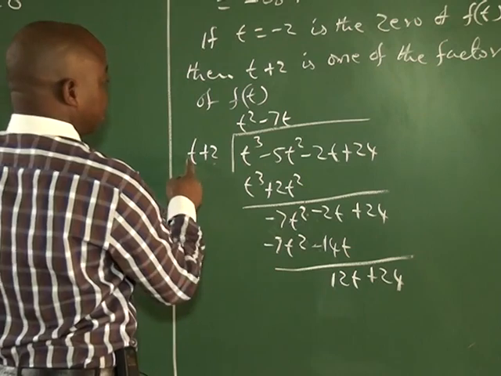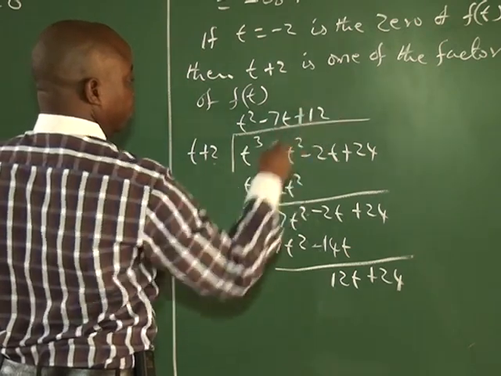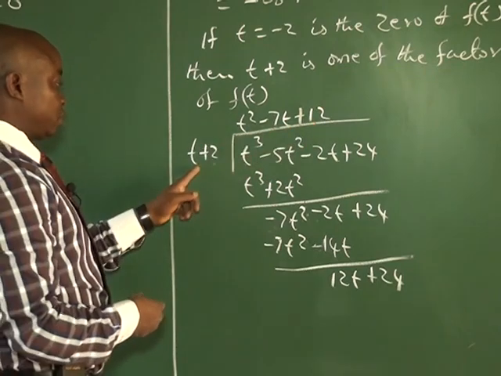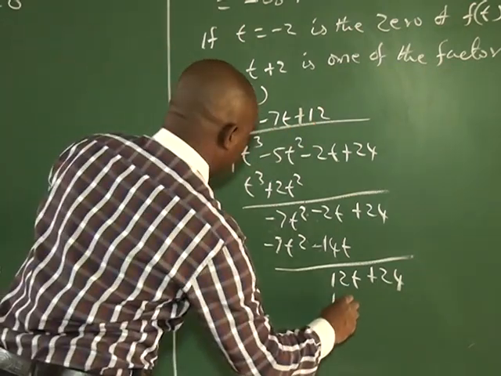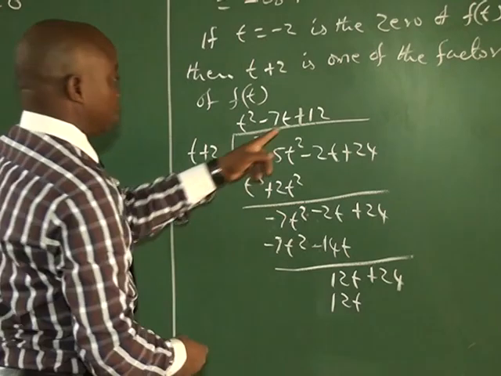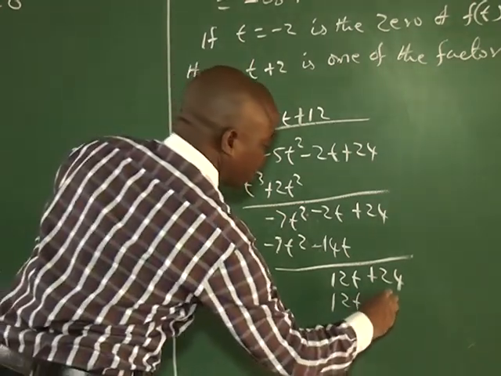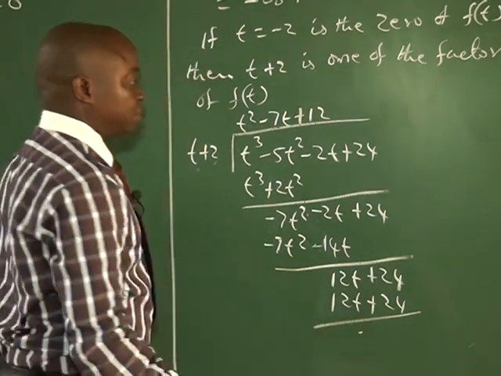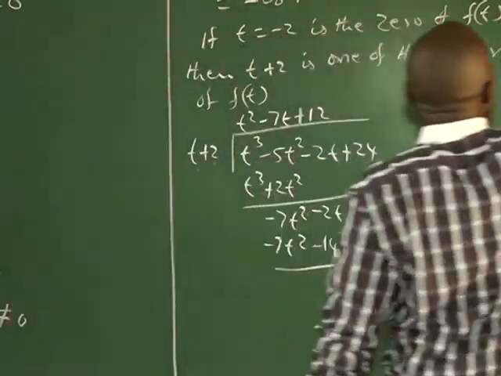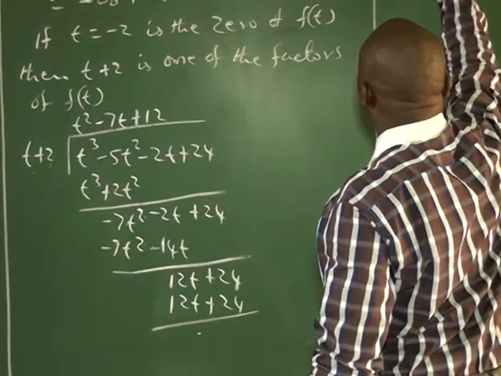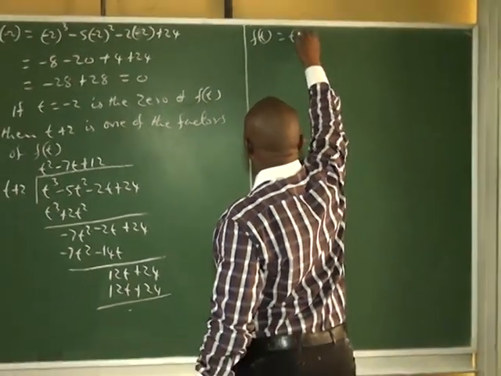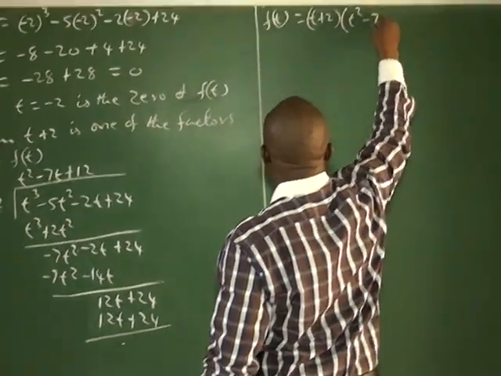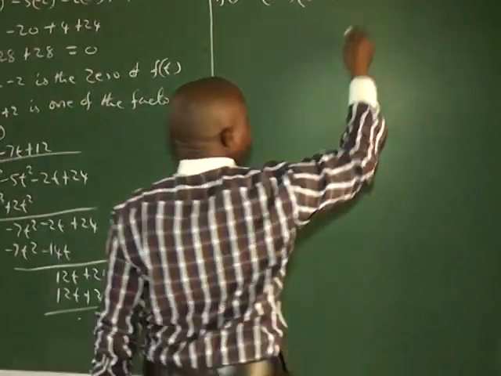So 12t divided by t give us 12. Then 12 times t give us 12t. 12 times 2 give us plus 24. We subtract, we have 0. So it means that f of t now becomes t plus 2 as a factor. Another one is t squared minus 7t plus 12.